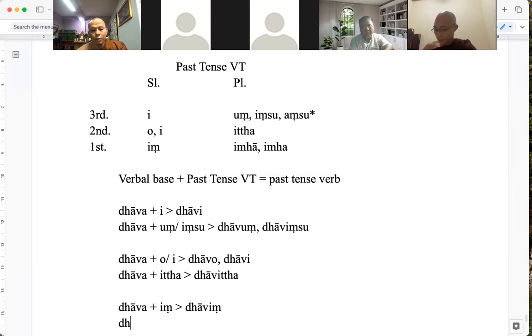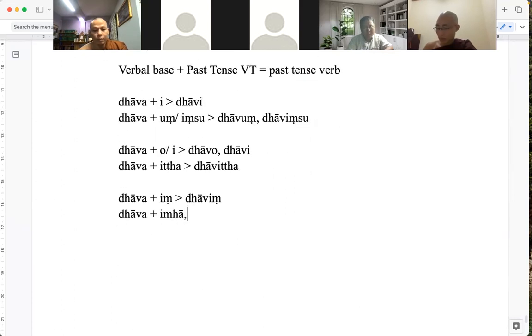And for the plural, to dhāva, by adding imhā or amhā, we have dhāvimhā, and then dhāvamhā.